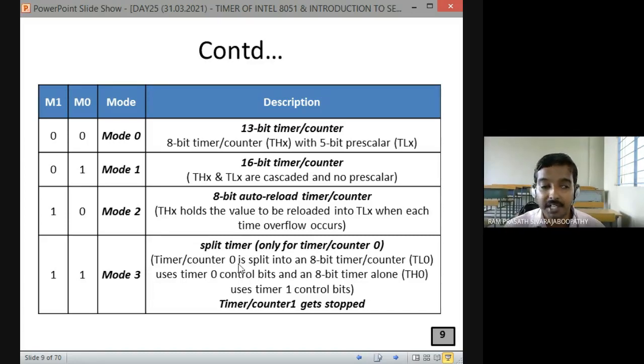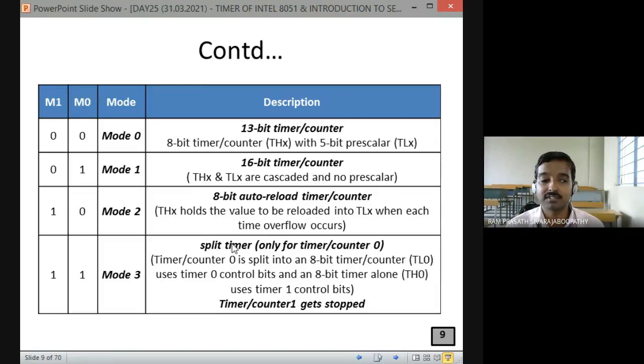Split timer means the entire 16-bit register of timer/counter 0 is divided into two sections. TL0 works as an 8-bit timer/counter, and TH0 works as an 8-bit timer only.